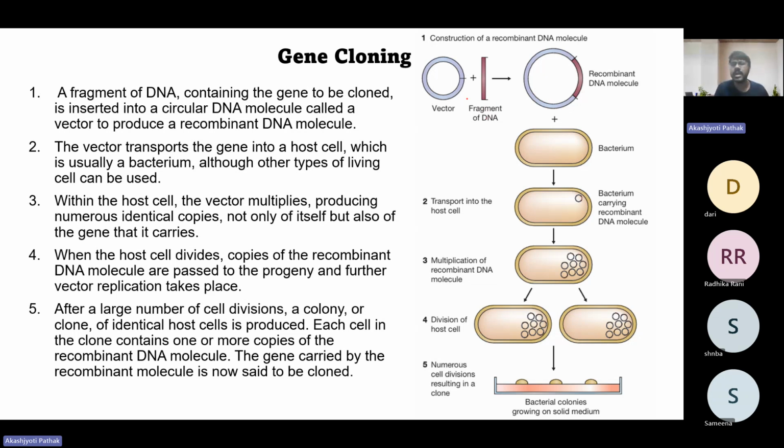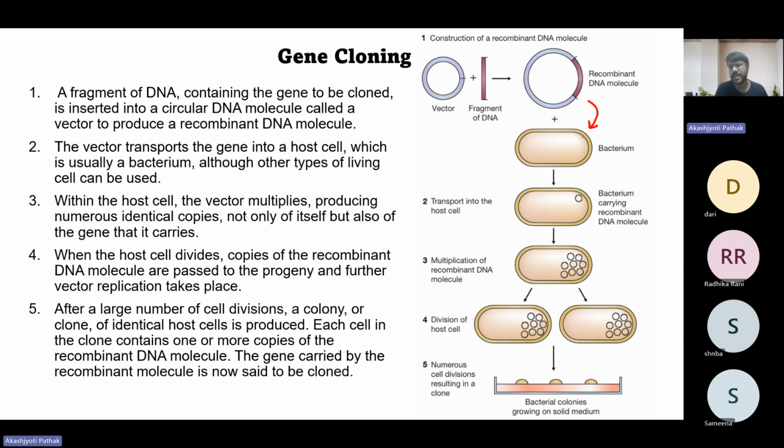Then what is done? Ligation is done. On ligation, the fragment of DNA will be cloned inside the vector. This is called the recombinant DNA molecule. And then this recombinant DNA molecule is transferred into a suitable host.